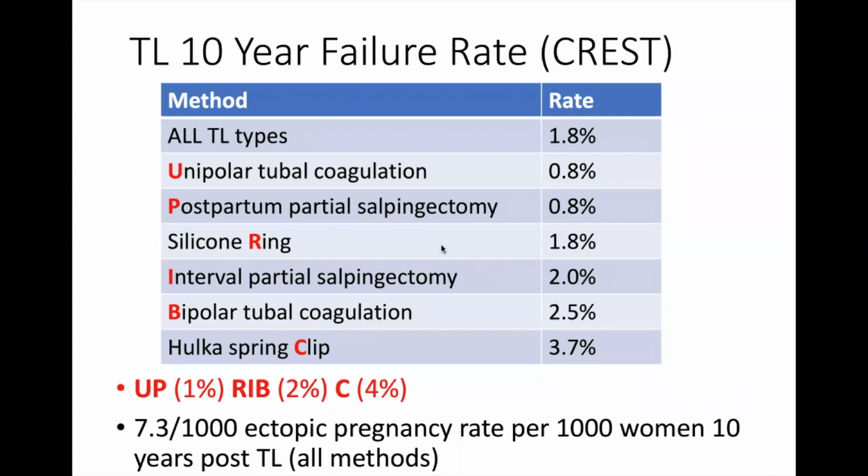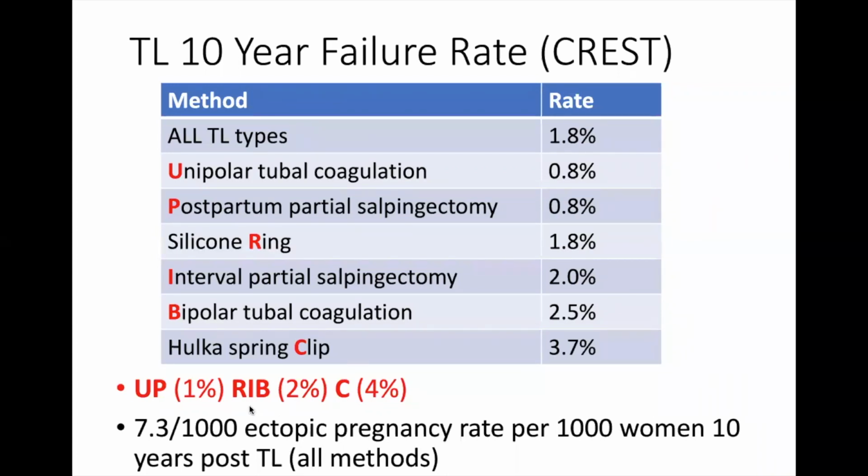Silicone ring, it's 1.8%. Interval partial salpingectomy, it's about 2%. Bipolar coagulation, it's about 2.5%. And with the Hulka spring clip, it's about 3.7%. So the highest is with the Hulka clip, and the least is with unipolar coagulation and the postpartum salpingectomies.